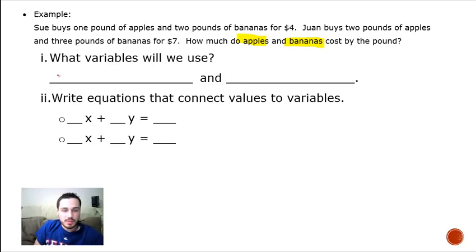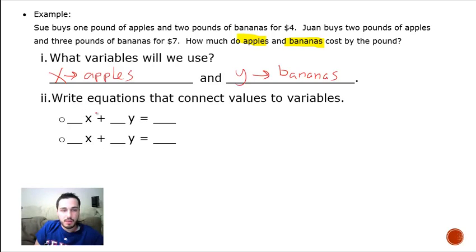And we'll stick with x and y, so we'll say that x is for apples, and we'll say that y is for bananas. Now we just need to go back in this problem and take the numbers that are tied to each variable, each unknown, and then write that as an equation.